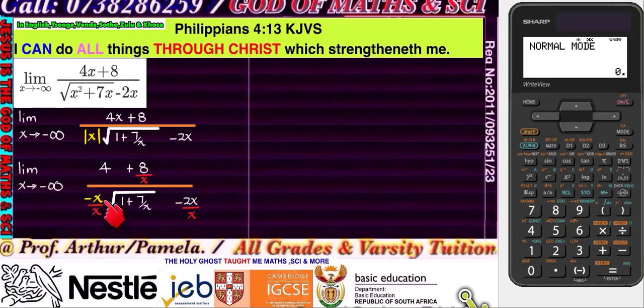This one, minus x over x, you're left with a negative 1. We good, right? This one here, minus 2x over x, you're left with the 2, so we're going to leave it like that.